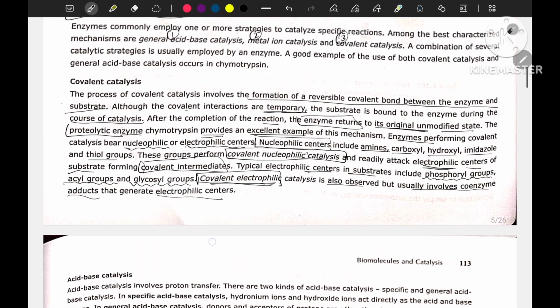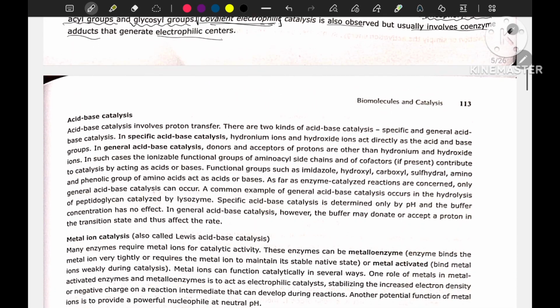Okay. Number 2, acid-base catalysis. Acid-base catalysis involves proton transfer. There are two kinds of acid-base catalysis: specific and general acid-base catalysis. In specific, hydronium ion and hydroxide ion act directly as the acid and base groups.